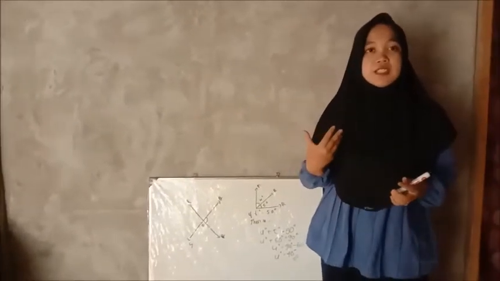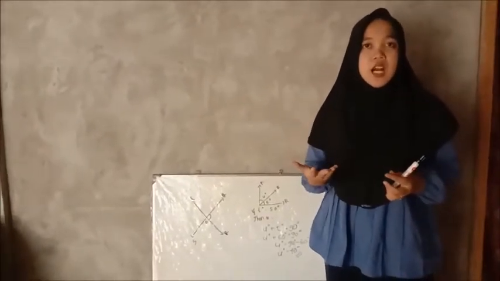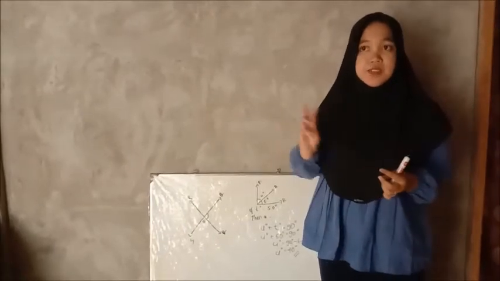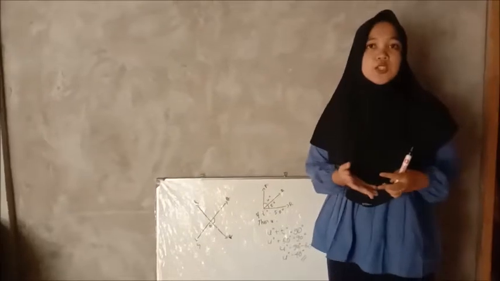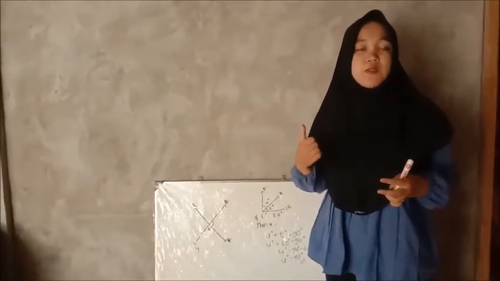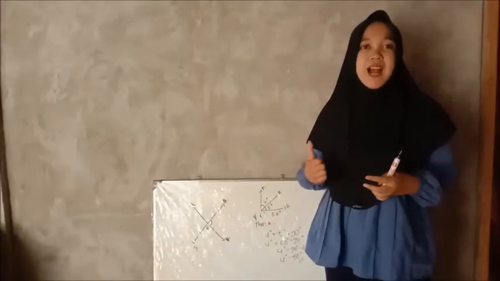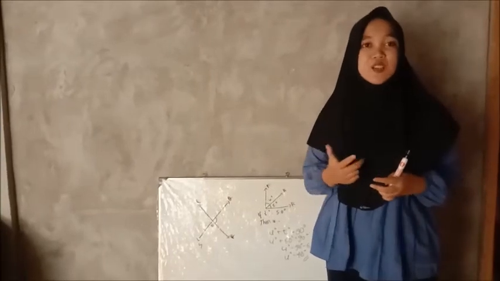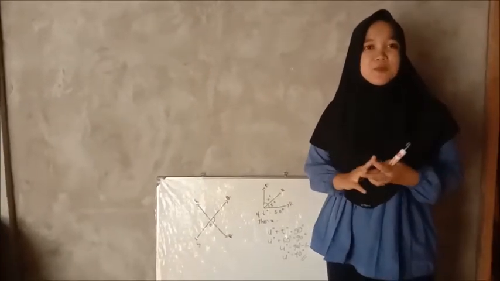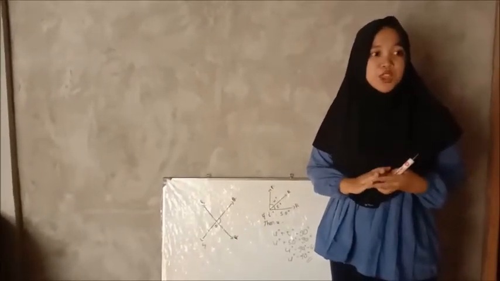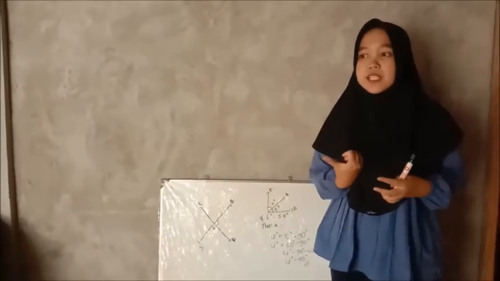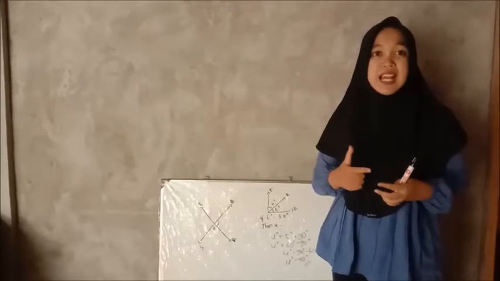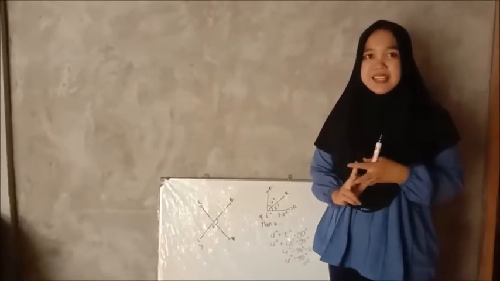I will divide you into 3 heterogeneous groups. The members of the first group are Apis, Ayu, and Lucy. Then the second group is Rista, Puput, and Marina. Then the third group is Nurmala, Nia, and Egista.